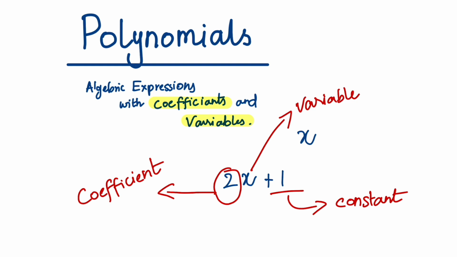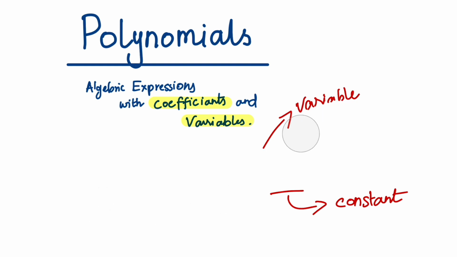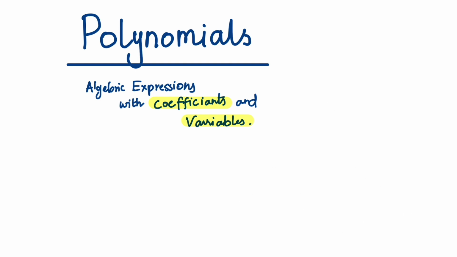Let me give you another example and we'll try to pick out the variable, constant and coefficient here. Let us say x square by 2. So this is our polynomial expression. How would you find the coefficient here? Obviously x square is going to be your variable, and 1 by 2 times x square is the expression.